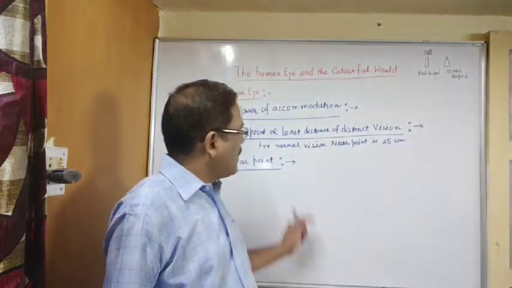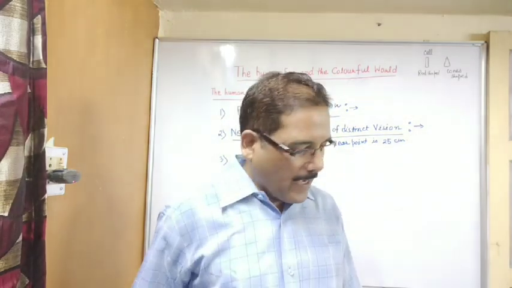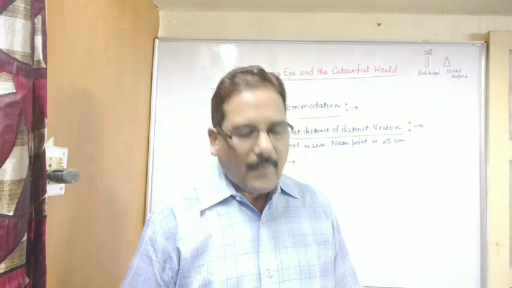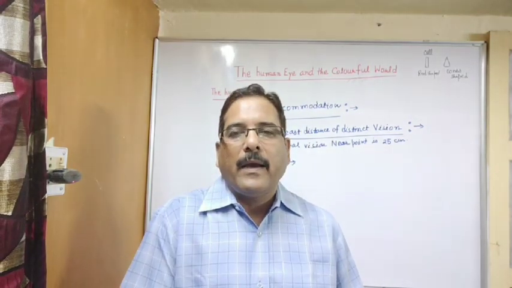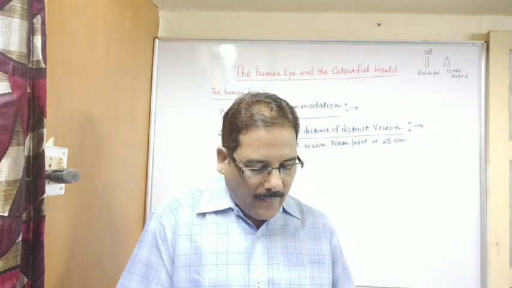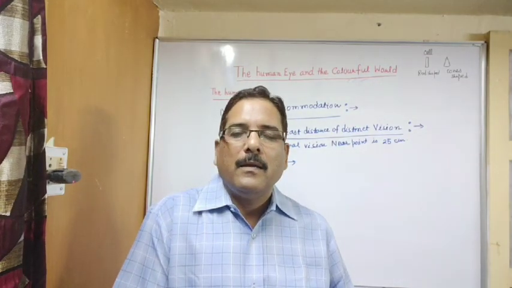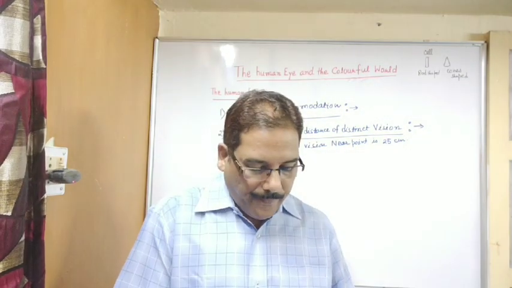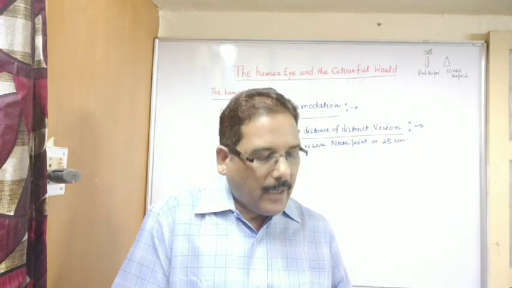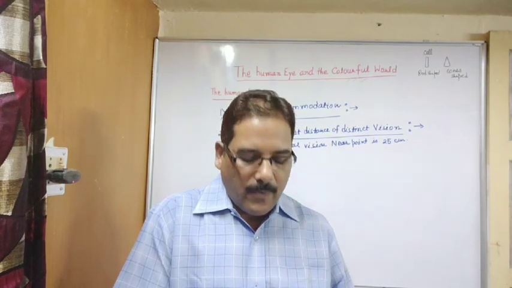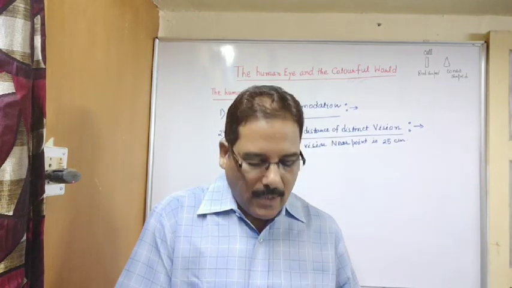And write a definition for it. Write: the farthest point up to which the eye can see objects clearly is called the far point of the eye.